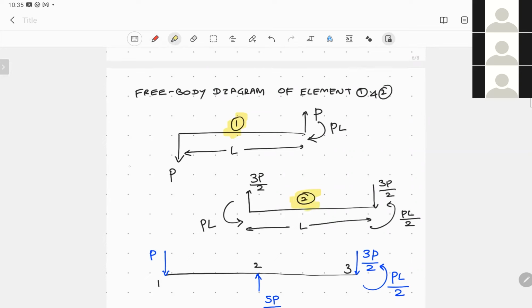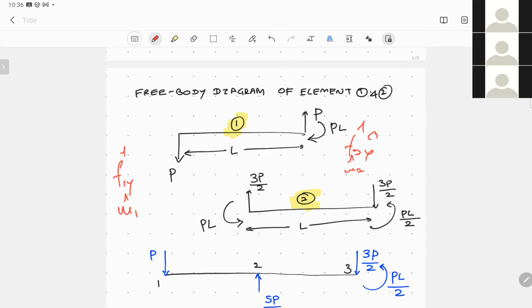And if I just write the forces, F1y hat, of course M1 hat, at node number 1, and at node number 2 we have F2y hat, M2 hat.